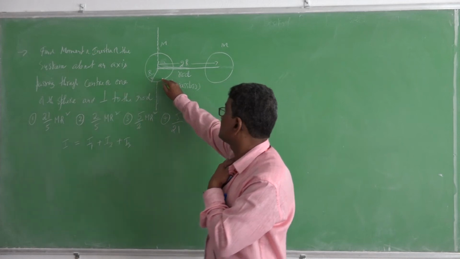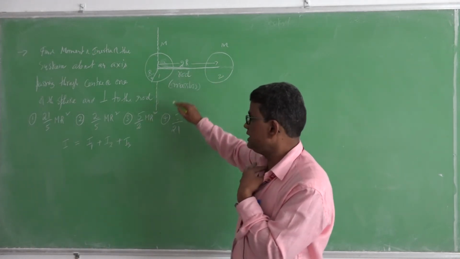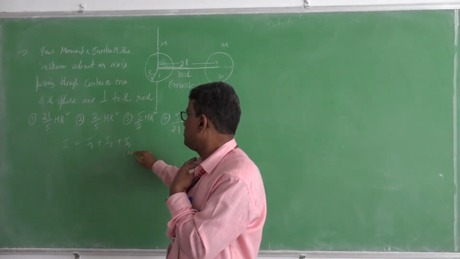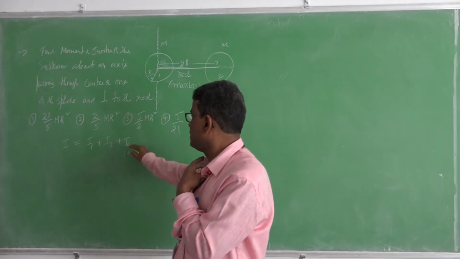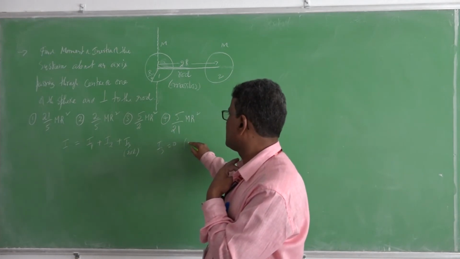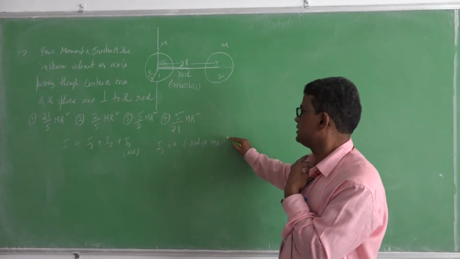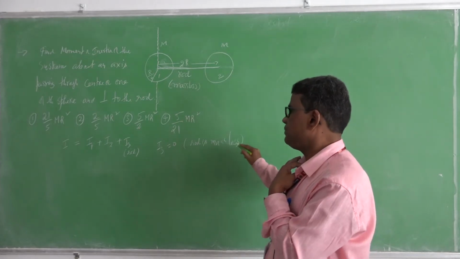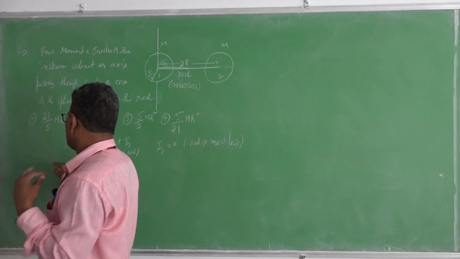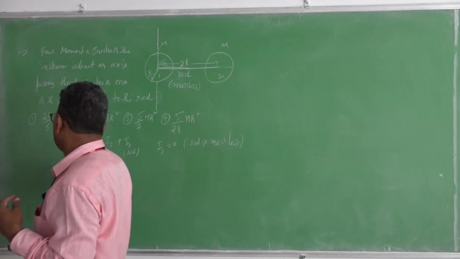I3 is 0 because the rod is massless, that is the assumption. So I is equal to I1 plus I2.